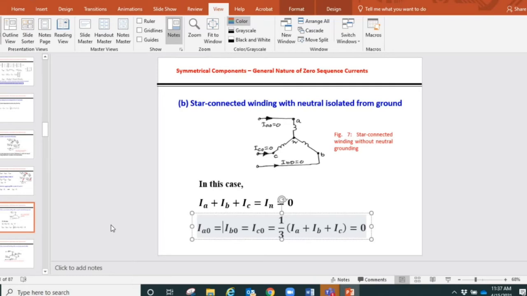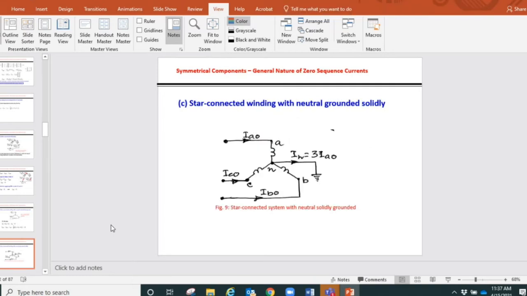So we can now go to the next one, which is still the star connection. Like I said, we can have different configurations and different types of applications in our power systems. The next case is still the star connection, but now we connect the neutral to the ground straight away, solidly.